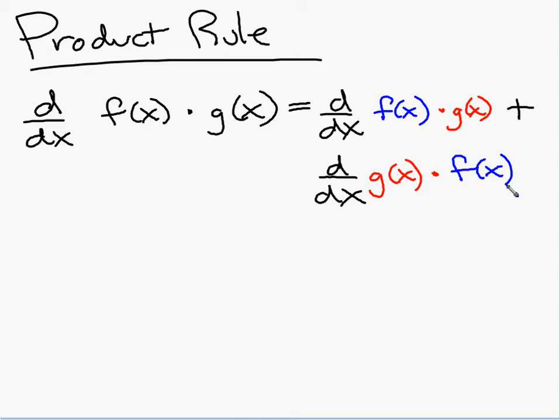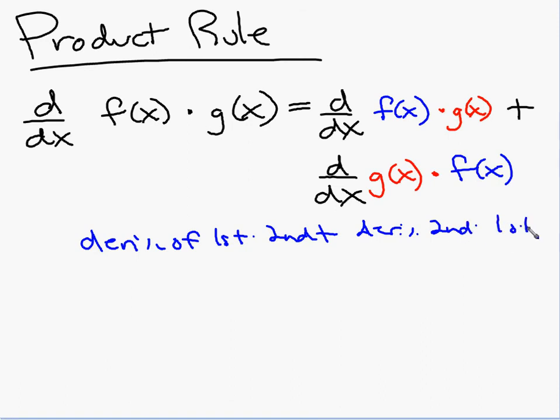Okay? So I think derivative of first times the second plus derivative of the second times the first. That's kind of the way that I think through it in my mind as the rule. Okay?